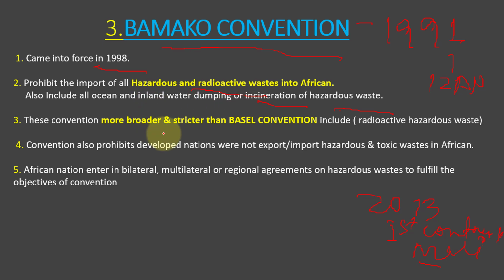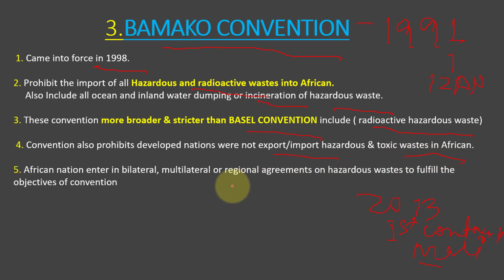So, friend, this convention is broader and stricter than the Basel Convention. Friend, we have already explained what the Basel Convention and the Rotterdam Convention are in the previous part, please do watch it. And the Bamako Convention also covers radioactive waste along with hazardous waste. So, friend, the convention also prohibits developed nations from importing hazardous and toxic waste into African nations.